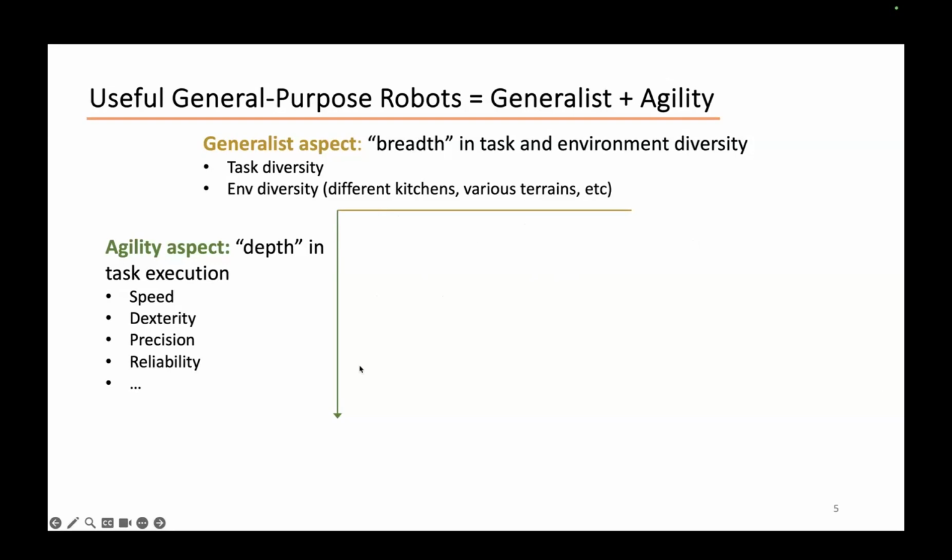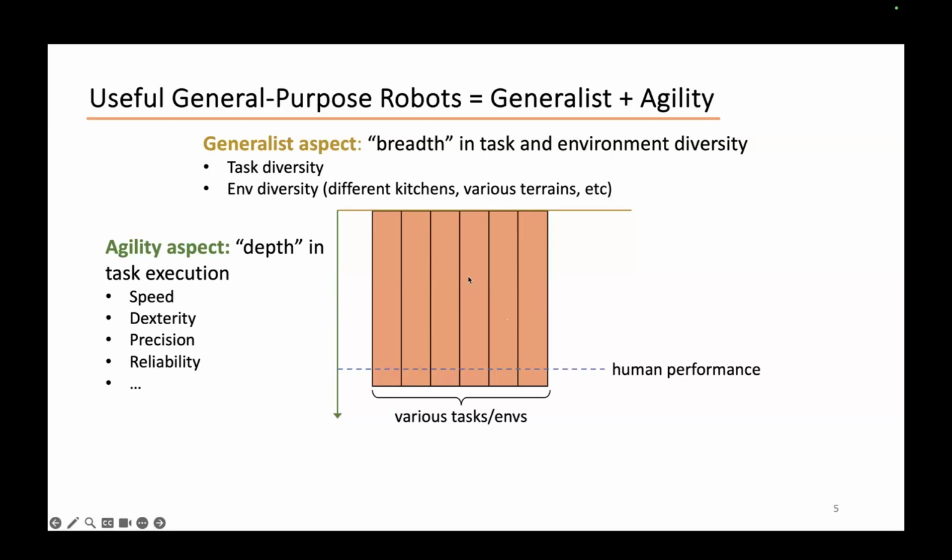And the y-axis, the green axis here, is something I refer to as the agility aspect. In general, it refers to depth in task execution. I abuse the word agility a little bit because agility here is not just speed. It's also dexterity, precision, safety, reliability. In general, it refers to how well the robot can achieve the task.